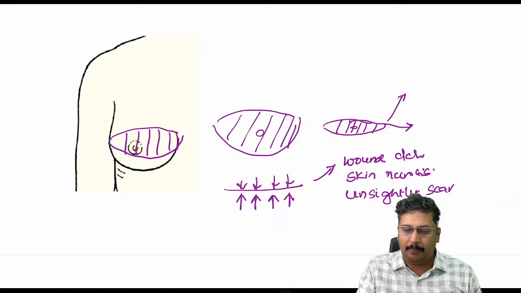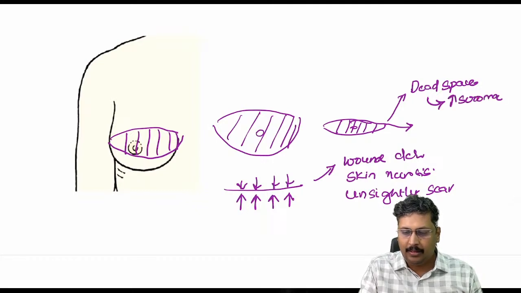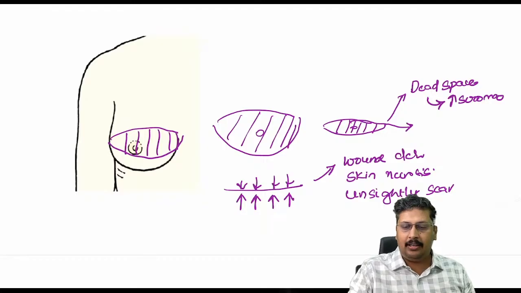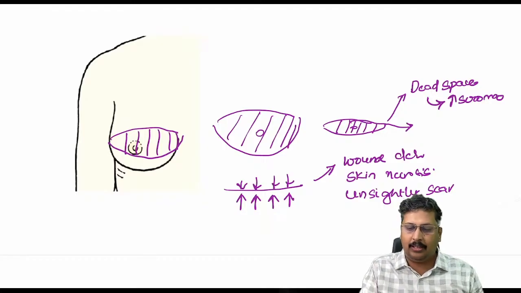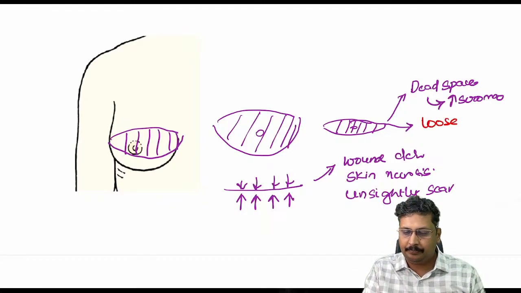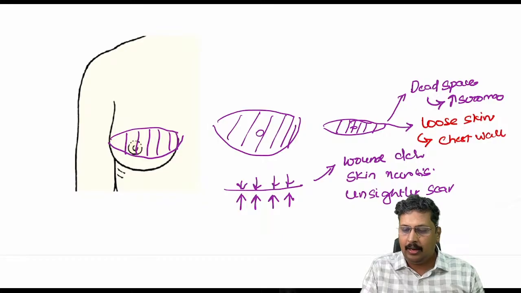The first problem is because there will be a good amount of dead space, it will increase the chances of seroma. Second thing, whenever there is excessive skin, whenever there is loose skin, this loose skin densely adheres to the chest wall, and it will again form a very bad scar.